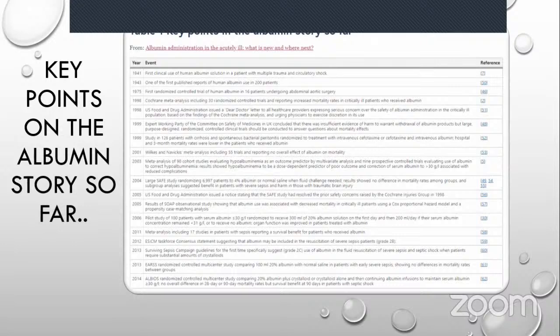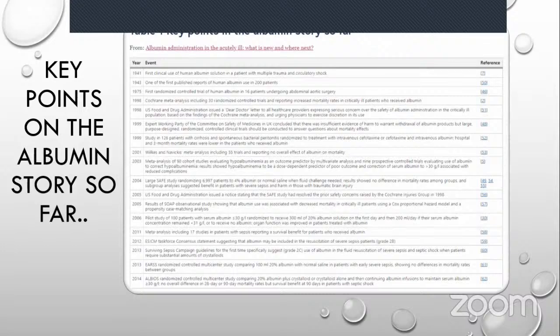Thirty years later, in 1975, the first randomized controlled trial of human albumin in 16 patients undergoing abdominal aortic surgery was done. To their surprise, albumin was not giving the plasma expansion they expected of 1 to 3. It was about 1 to 1.5, or 1.3 to 1.6.